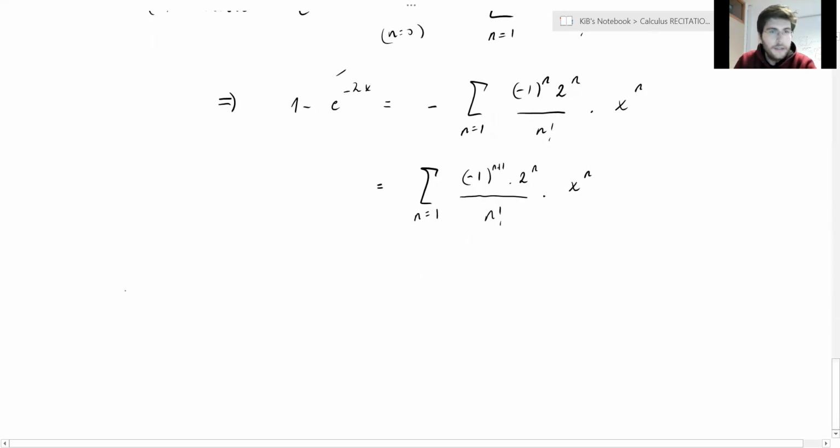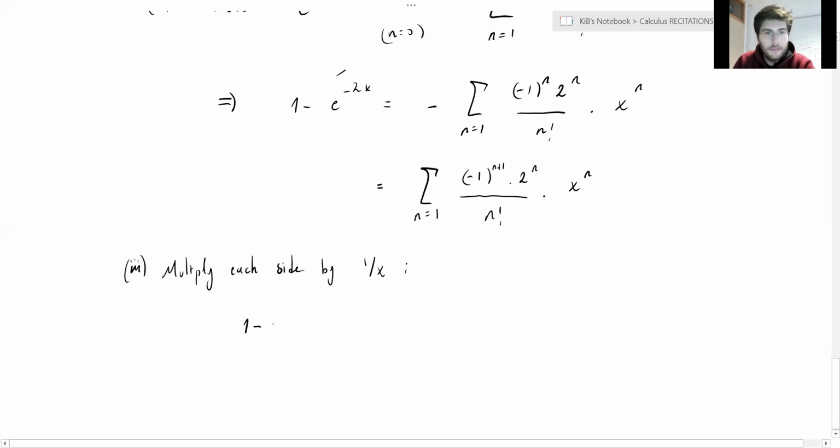And the third step, multiply each side by 1 over x. And therefore, we should be careful. This is possible for all x not 0.